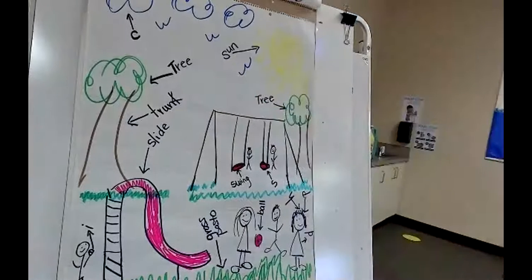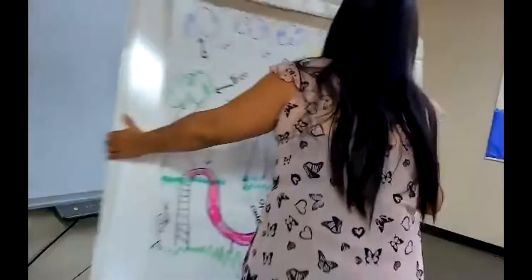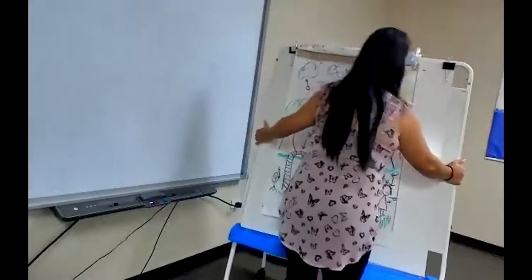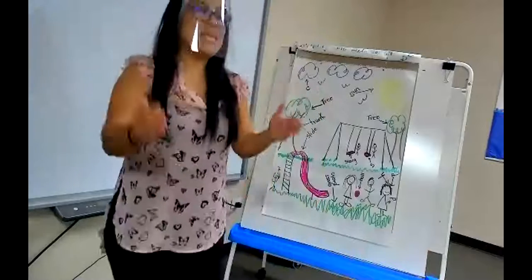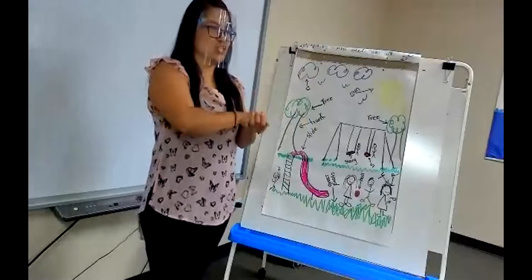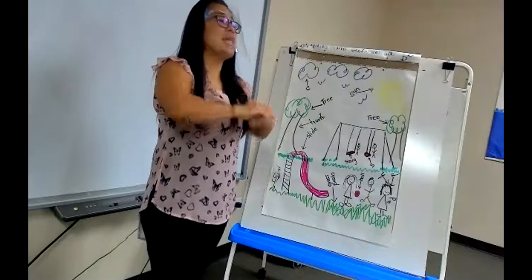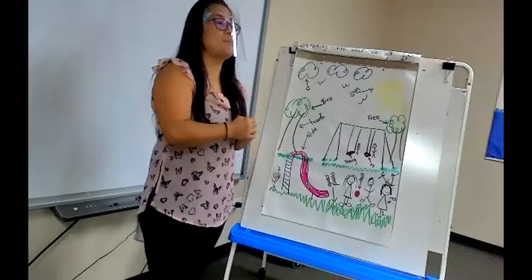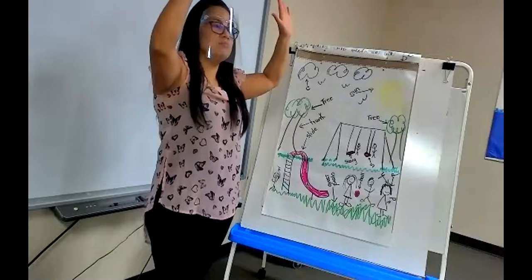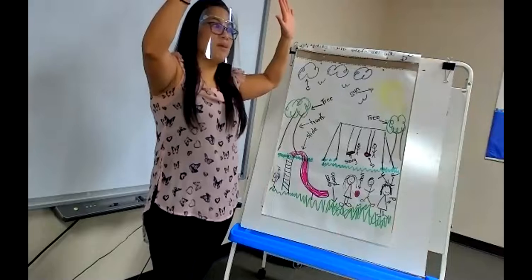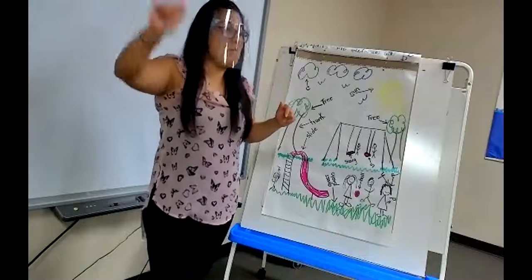All right. So today, everybody, we are going to write a story and we are going to practice labeling our pictures. Okay? I want everybody to label something in their picture today. So what are we going to do? Label our pictures, right?